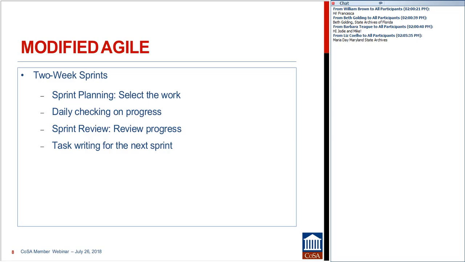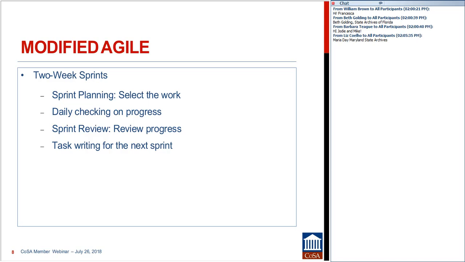So the idea in describing the tasks for the 2 weeks is that we want to get in the practice of describing work at a grain size that it won't take longer than 2 weeks, so that we can say that when we get to the next meeting, this task is completed.